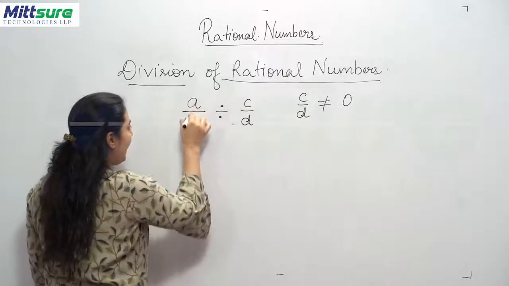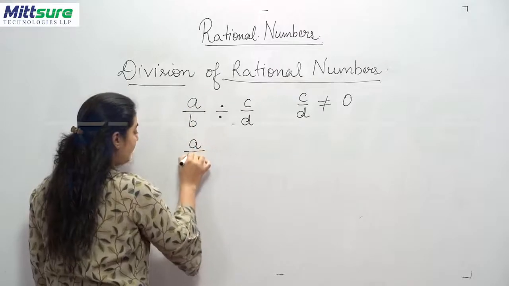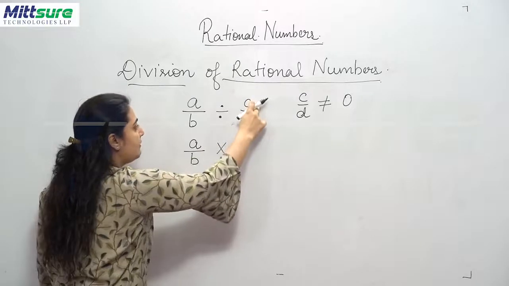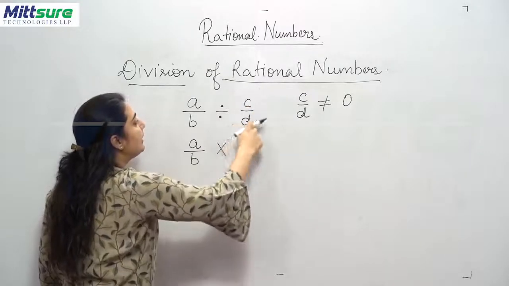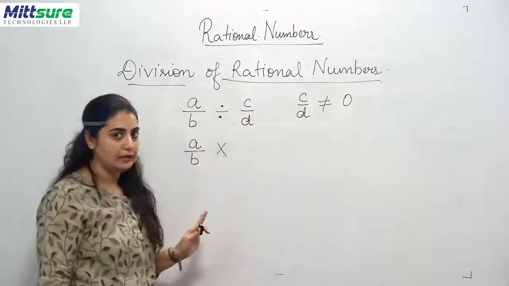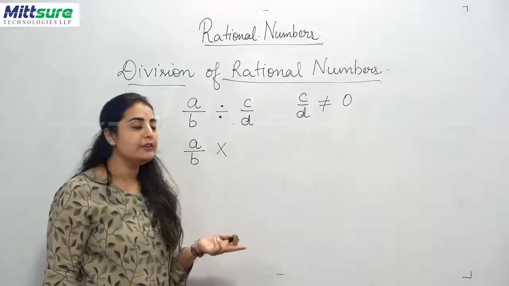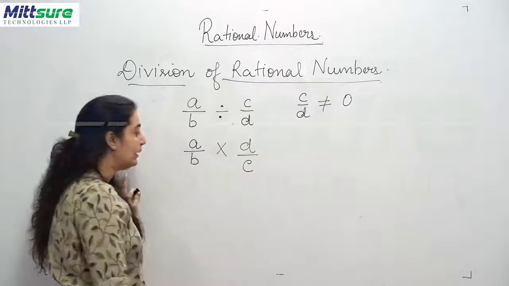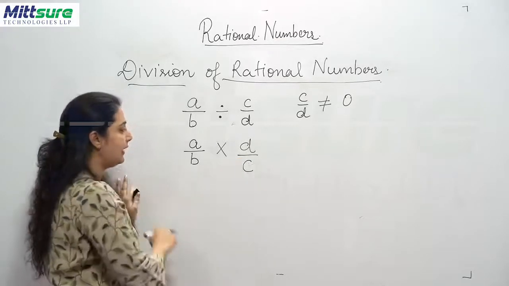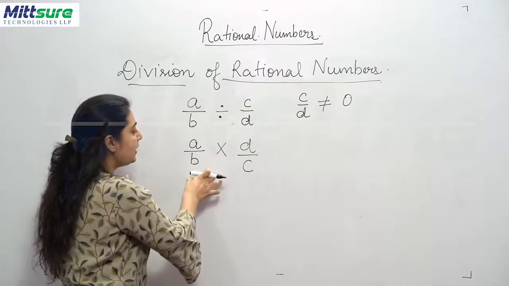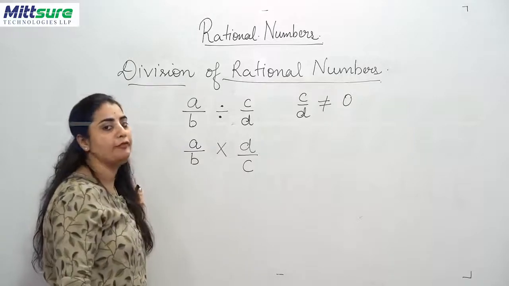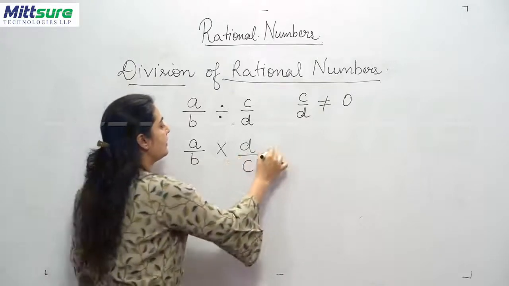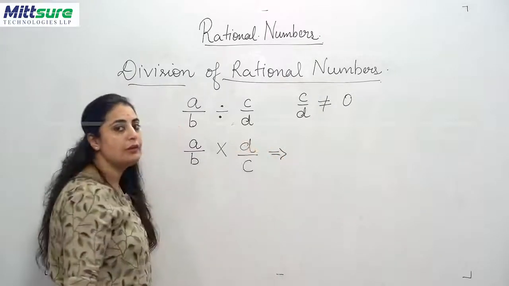Now if a upon b is the first rational number, the next step is that I will write the multiplicative inverse of c upon d. So what is the multiplicative inverse? That is d upon c. Clear? Then at the second step of division of rational numbers, we do the usual multiplication.